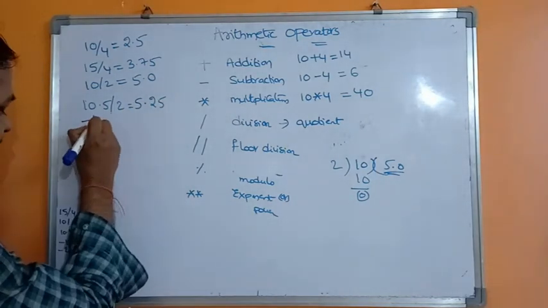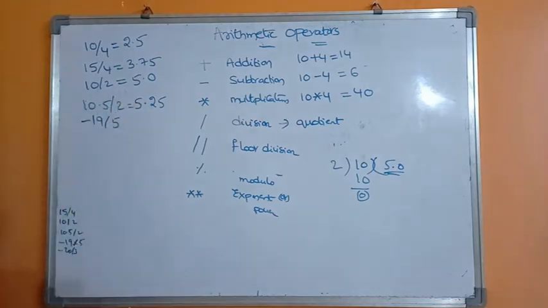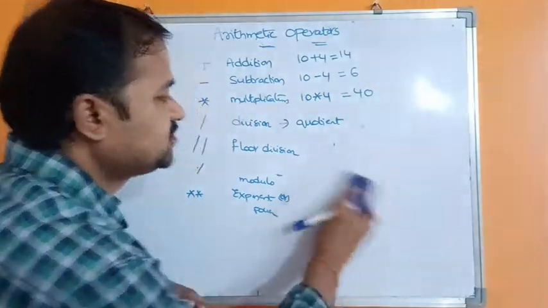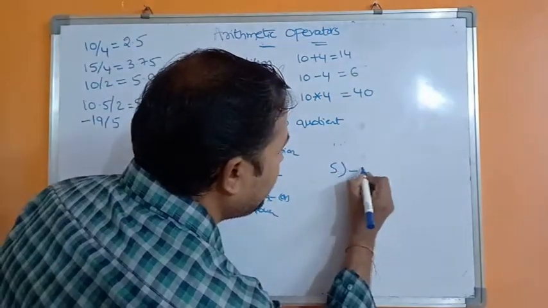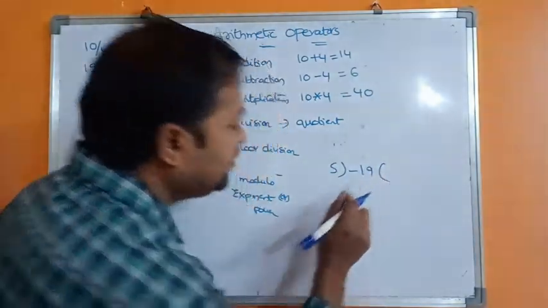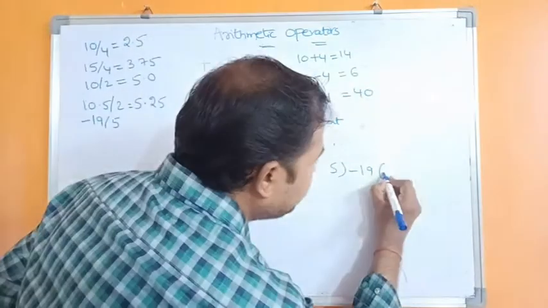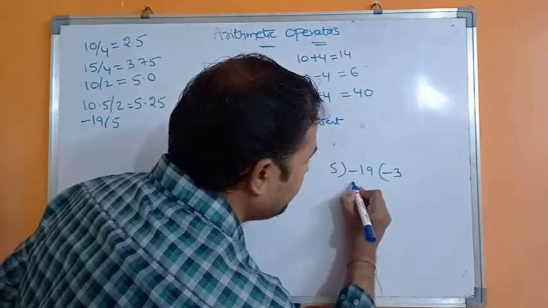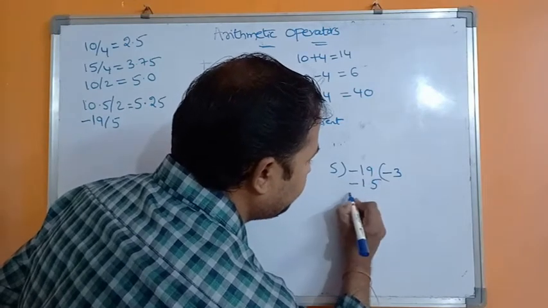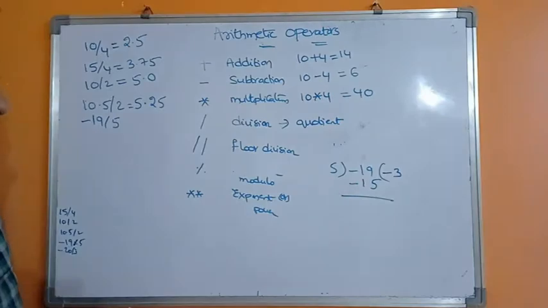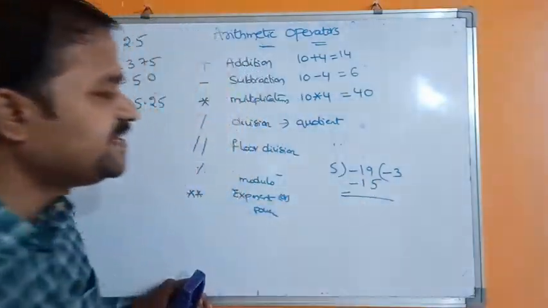Let us take one more number: minus 19 by 5. Here the numerator is a negative number. We know that minus 15 is nearer to minus 19. So here the quotient is minus 3. So 5 into minus 3 means minus 15. So here we have minus, and minus into minus means plus.